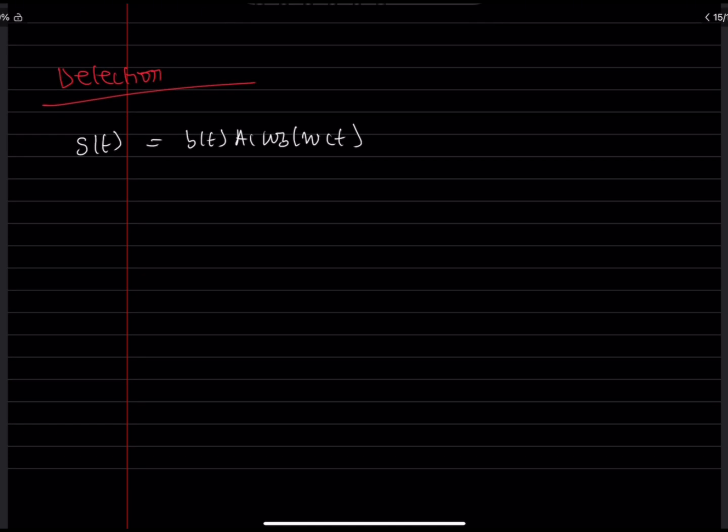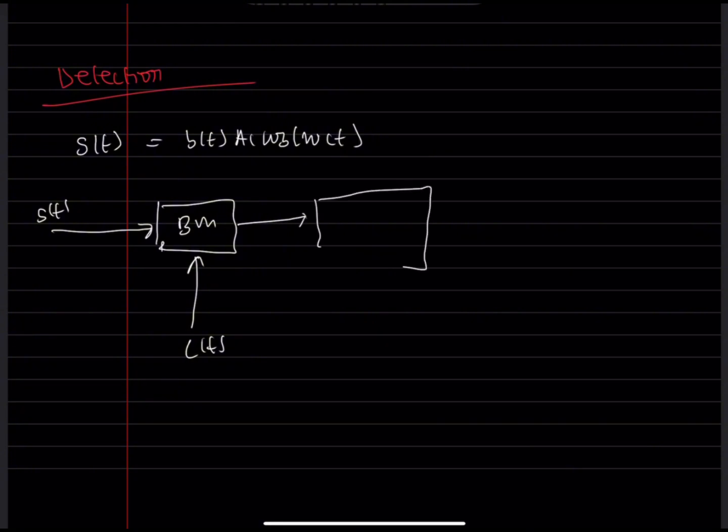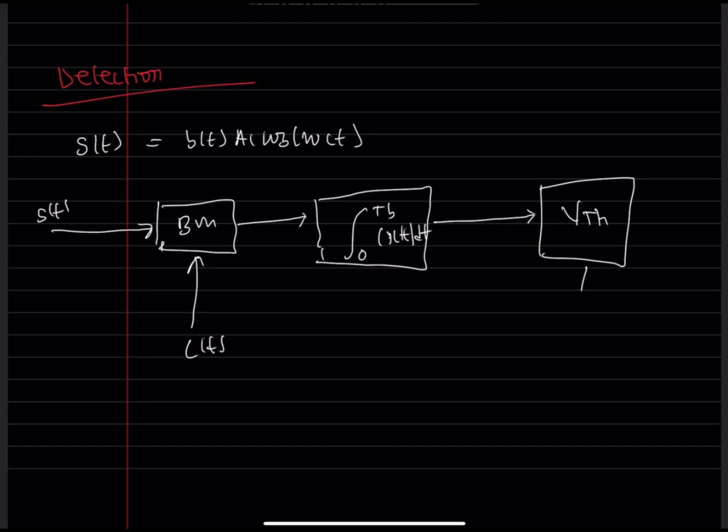Based on that, when we are drawing the block diagram, as I said earlier, you pass S of t through the balance modulator, and here it's our C of t. From there we pass it through our integrator, which is our low-pass filter, from 0 to Tb, and from there we pass it through a comparator with a threshold of V threshold, which is the threshold we are going to put inside.